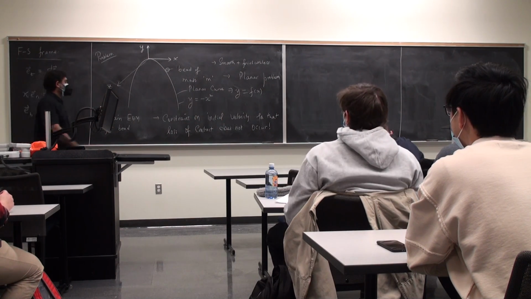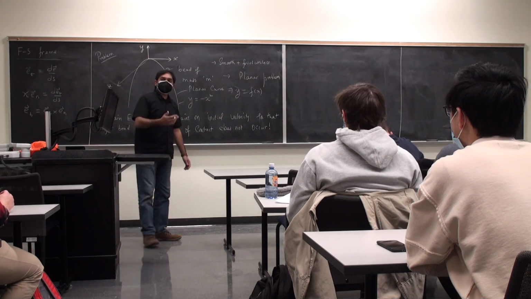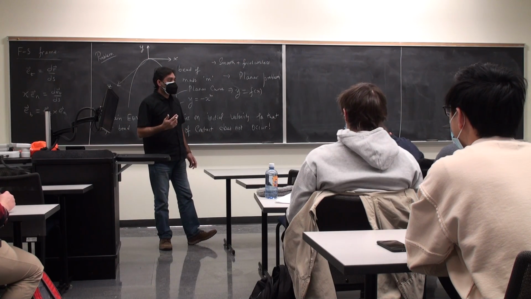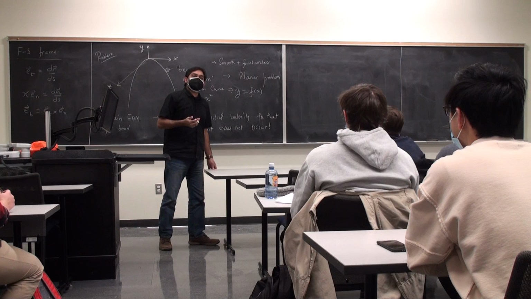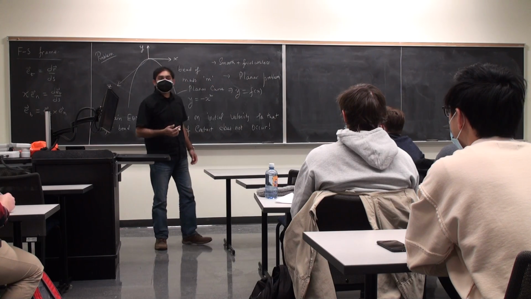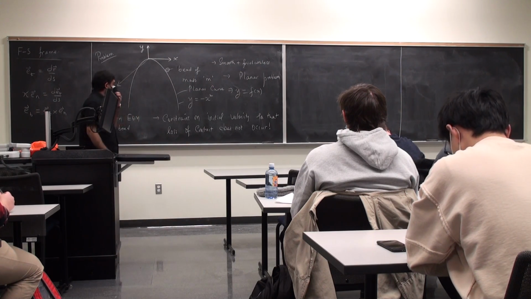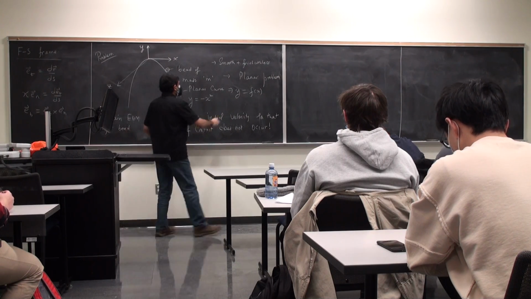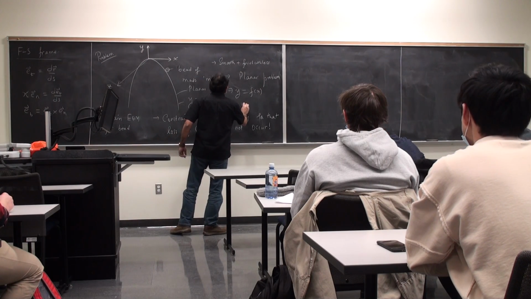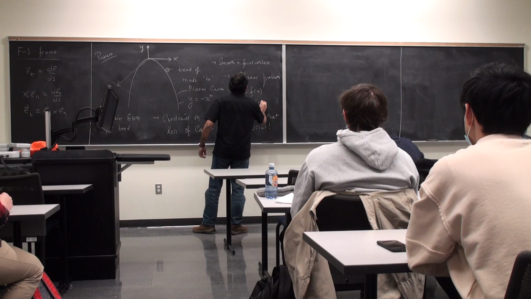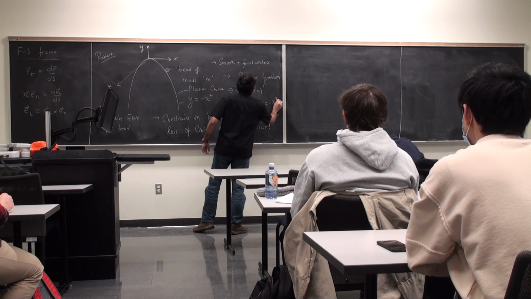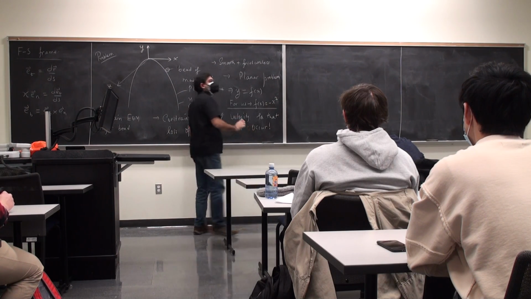In your homework, it's going to be a cubic trajectory, so that's going to be f of x is x cubed, or it could be an elliptical path, it could be a circular path, it could be whatever it is. Okay? So for us, f of x is minus x squared.